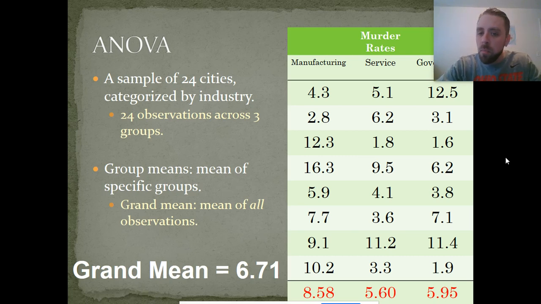How different is 12.3 from 8.58, and so on and so forth. And I will need to do that for every observation in the data set. I will also need to understand how different is each group mean from the overall grand mean. So how different is 8.58 from the grand mean of 6.71? How different is the group mean of 5.6 from the grand mean of 6.71?